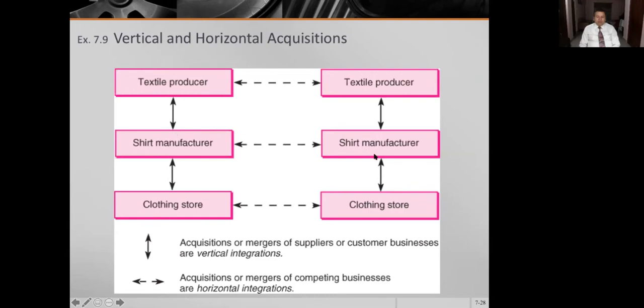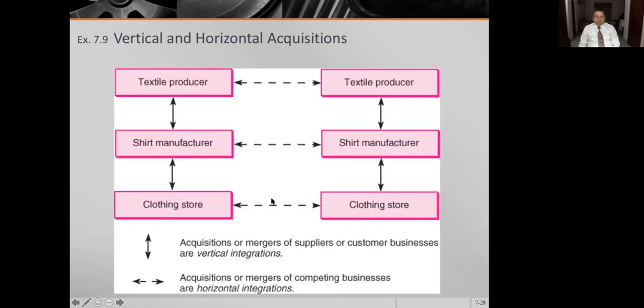On the other hand, these arrows, acquisitions or mergers of competing businesses, are horizontal integrations. If these are connected, then you are merging competing businesses. Then it is called horizontal integration. This is horizontal, this is vertical.